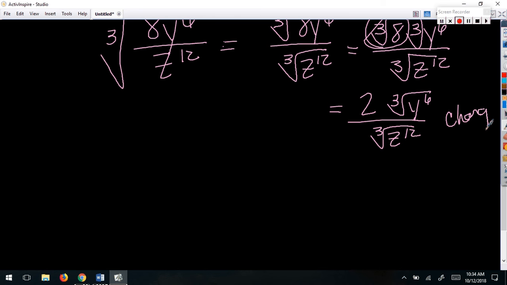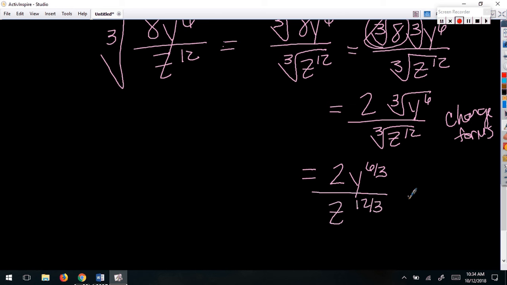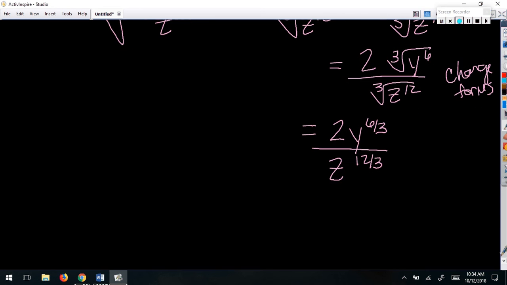Okay, so remember how to change forms. That's where I make an exponent out of the radical. So here I'm going to have 2y to the 6 over 3. And on the bottom I'm going to have z to the 12 over 3. What's nice about it is these are going to simplify nicely for me. And I have 2y to the 2nd over z to the 4th.